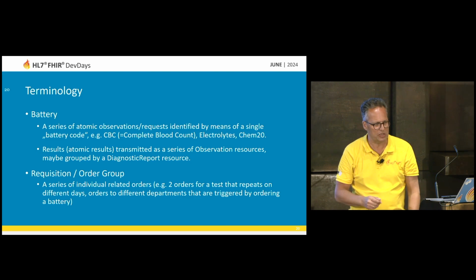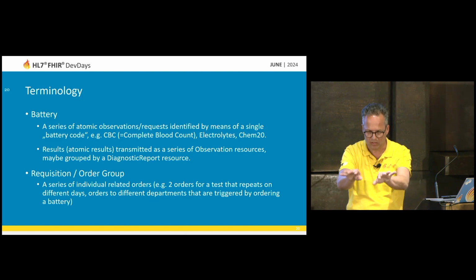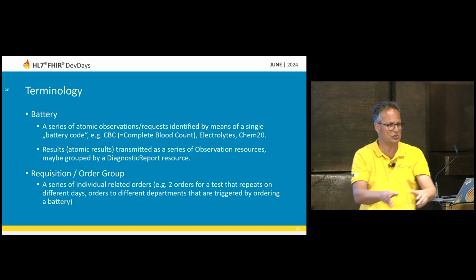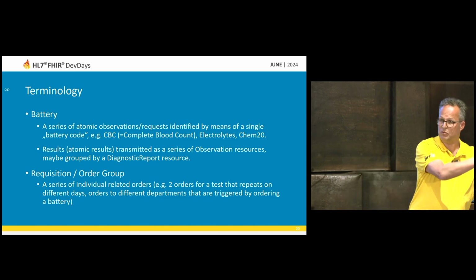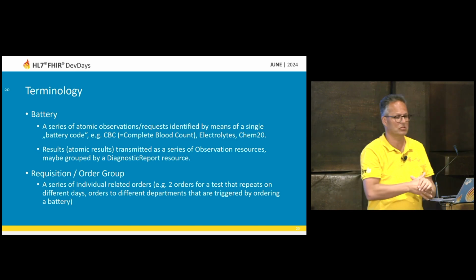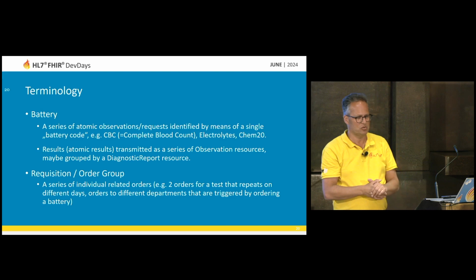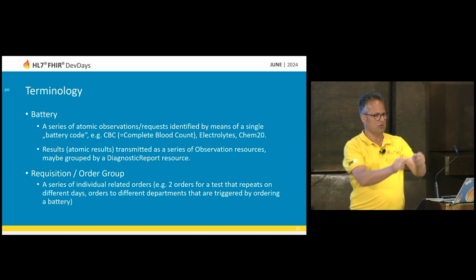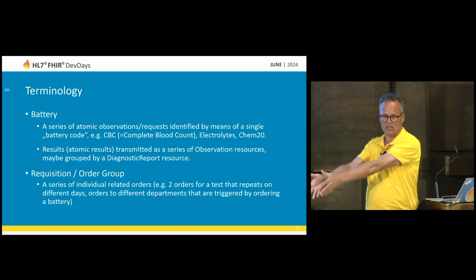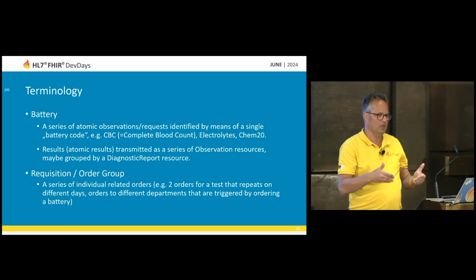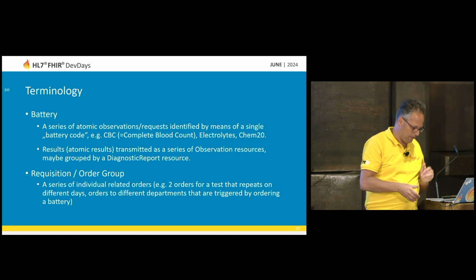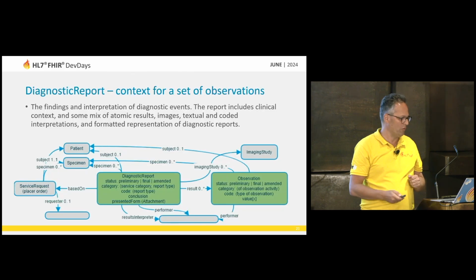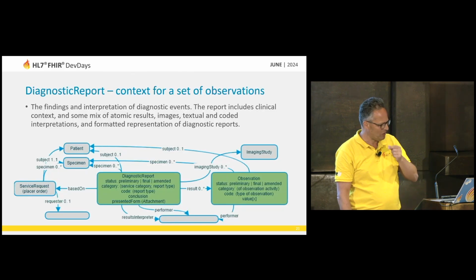And why do you want to do that? Well, if you have checked 10 different things, you want to have one report that reports on these 10 different things. Right? So the expectation is, if I order this on one form, I want to have one result for the exact same things that I ordered. So hence you need to have this grouping mechanism also in FHIR.